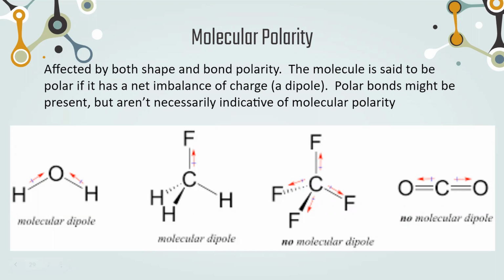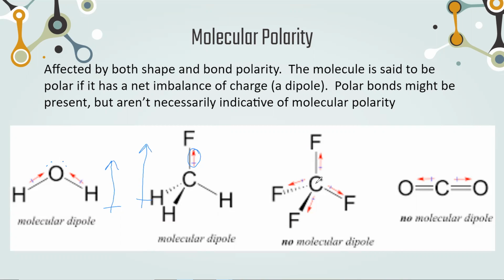But if I were to draw the polarity of the entire water molecule here on the left, I would draw my dipole moment like that because oxygen is more electronegative than hydrogen is, and there's some lone pairs up here, which would cause my dipole moment to look like that. Again, we have an individual bond polarity represented by that arrow, but if I were to draw it for the entire molecule, it would be in the same direction, just like that.